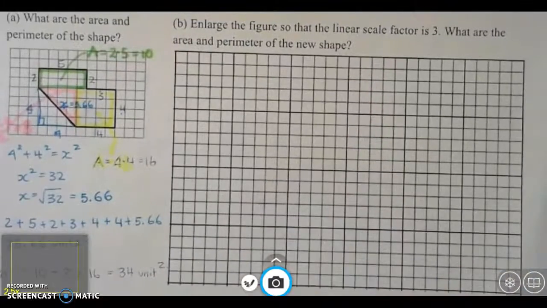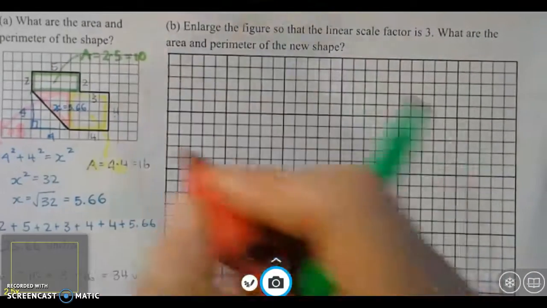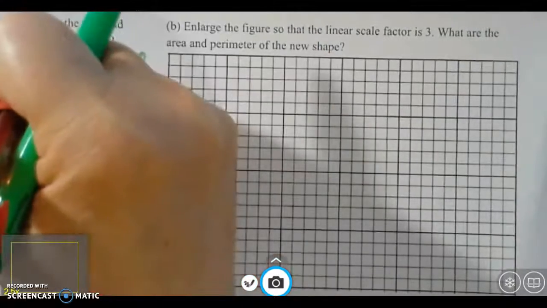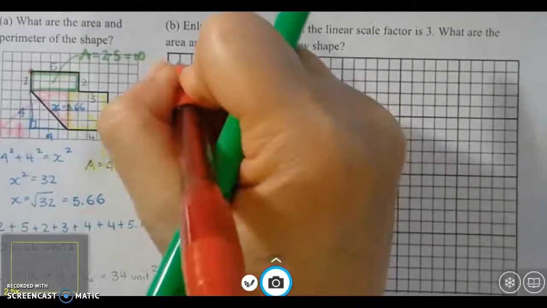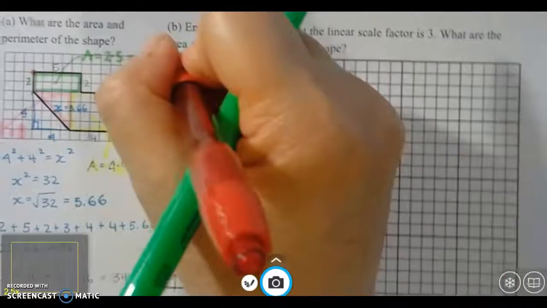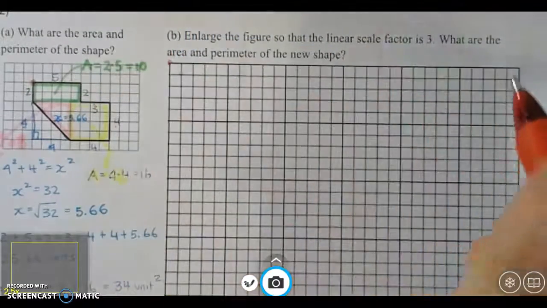So let's start with this vertex right there, and let's put it right at the top so that we can count really easily.